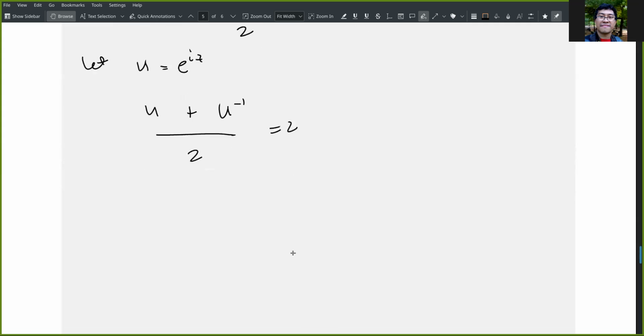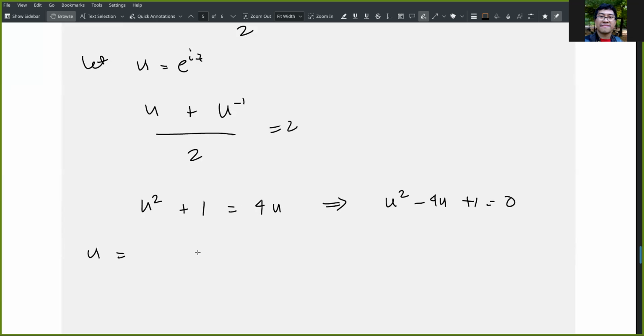If you multiply by 2u on both sides, u cancels, 2 cancels, so that becomes u squared minus 4u plus 1 equals 0.